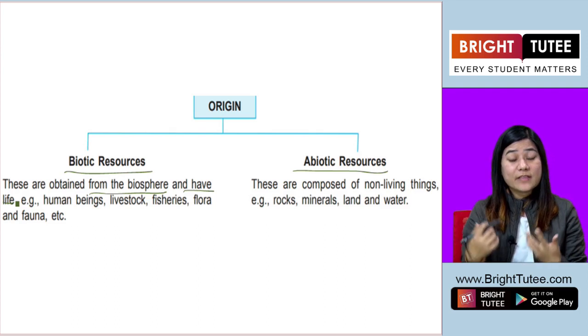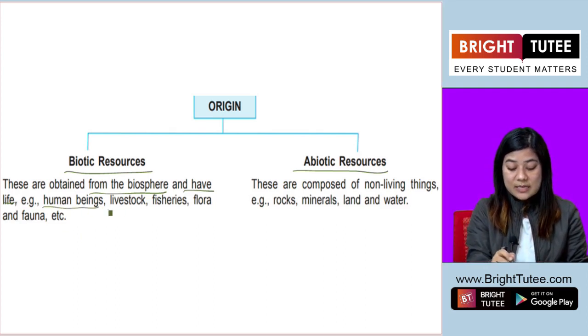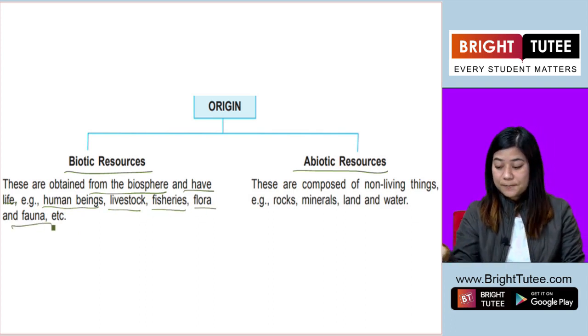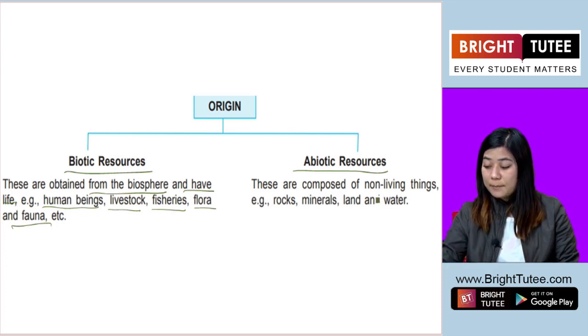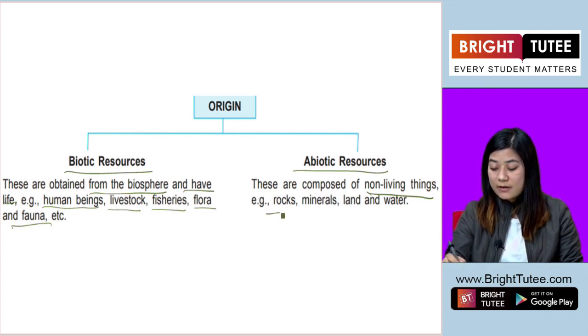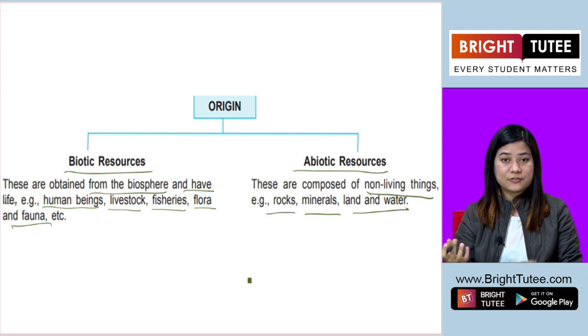They are alive. The biotic resources are human beings, livestock, fish, flora, fauna, etc. Abiotic are those which are found and have no life, so non-living things. They are rocks, minerals, land, water, air, etc.